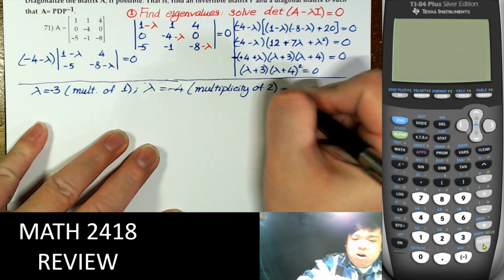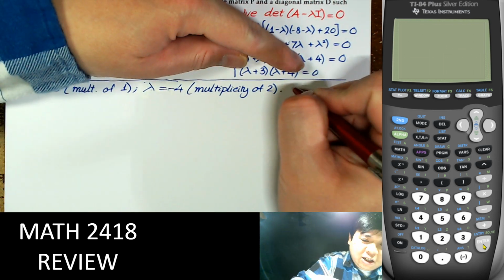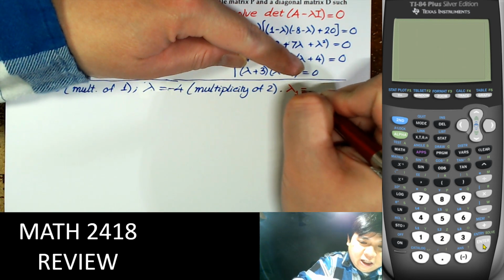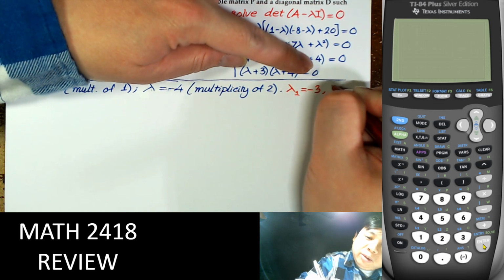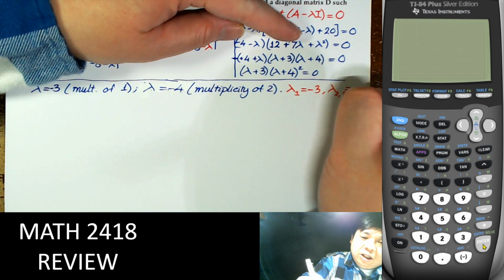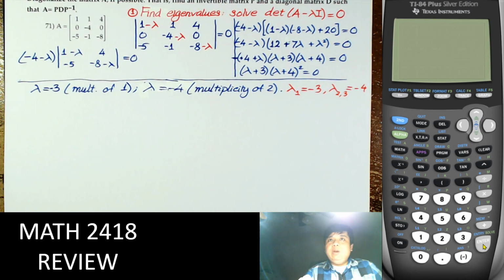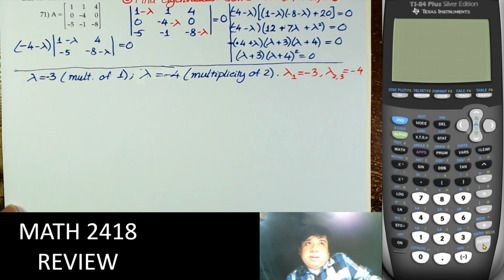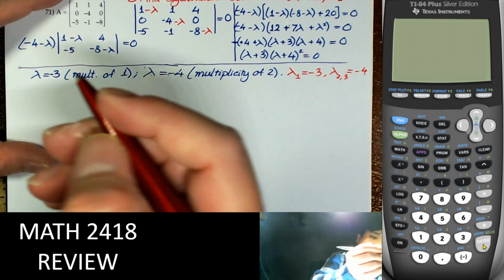Usually if it is that long, it is much better to write like this. Lambda 1 is equal to negative 3, so there's only one of them. And lambda 2 and 3, that's multiplicity of 2, is negative 4. Right, so one of this and 2 of that. So the first step is find eigenvalues.